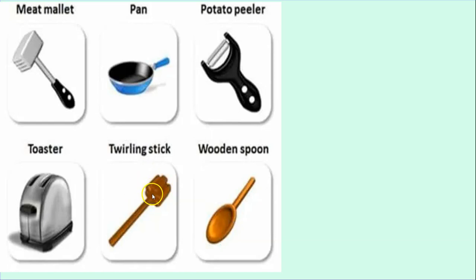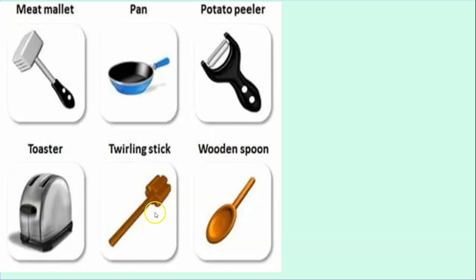Wooden spoon, frequently used for cooking, especially things like soups and stews. So wooden spoon, W-O-O-D-E-N, spoon, S-P-O-O-N. This spoon is made out of wood. Wood is what you get from a tree, right?